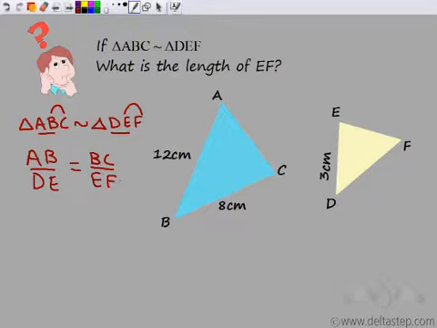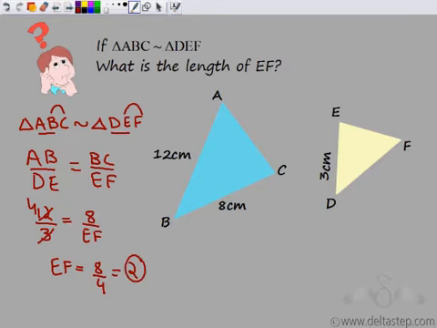Now substituting the values, AB is 12, DE is 3, BC is 8 and EF is what I need to find. So this is 4. Cross multiplying, EF would be 8 by 4, which is 2. So hence I can say that EF would be of length 2 centimeters.